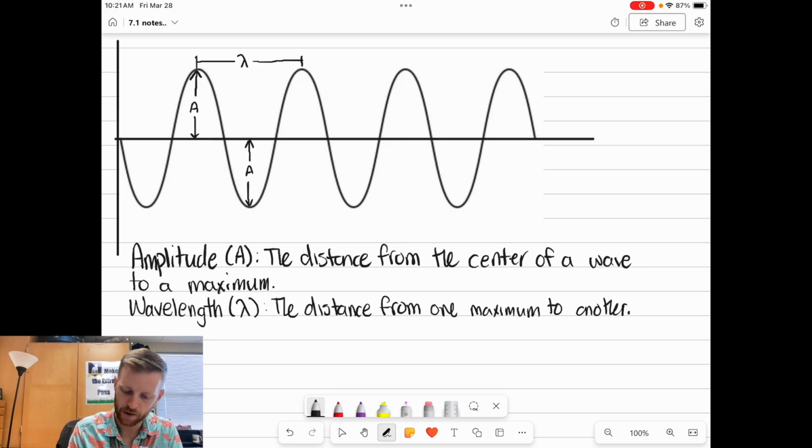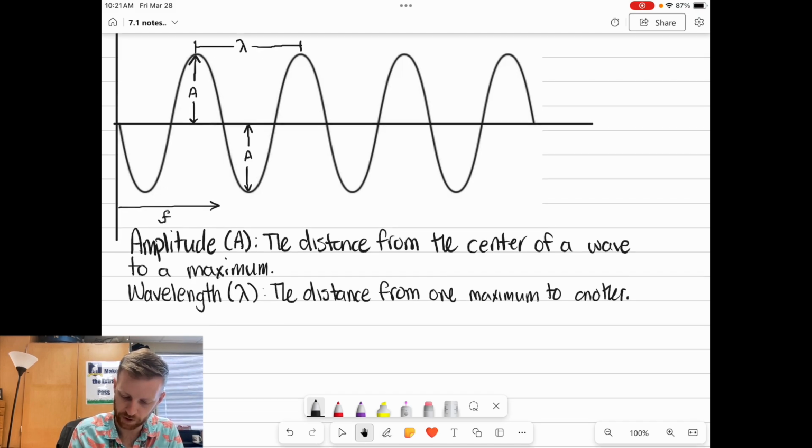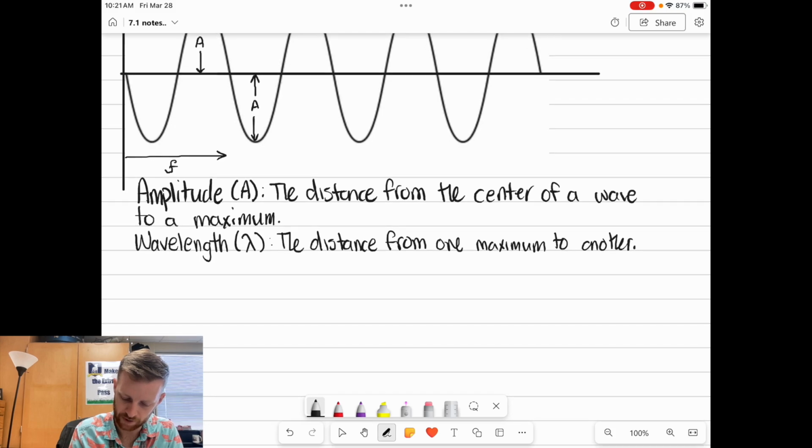And lastly, we want to talk about something called frequency, which we're going to draw along the bottom here like this. Frequency is represented with a fancy looking F. And we'll scroll up a little bit for this definition here.